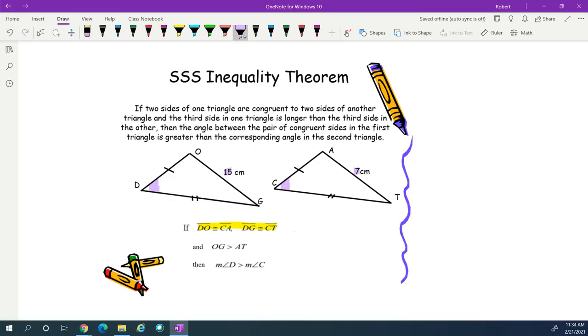So as long as those two sides stay the same, we're comparing the third side. The triangle with the bigger third side has the bigger angle. So if OG is bigger than AT, then that means angle D is bigger than angle C.